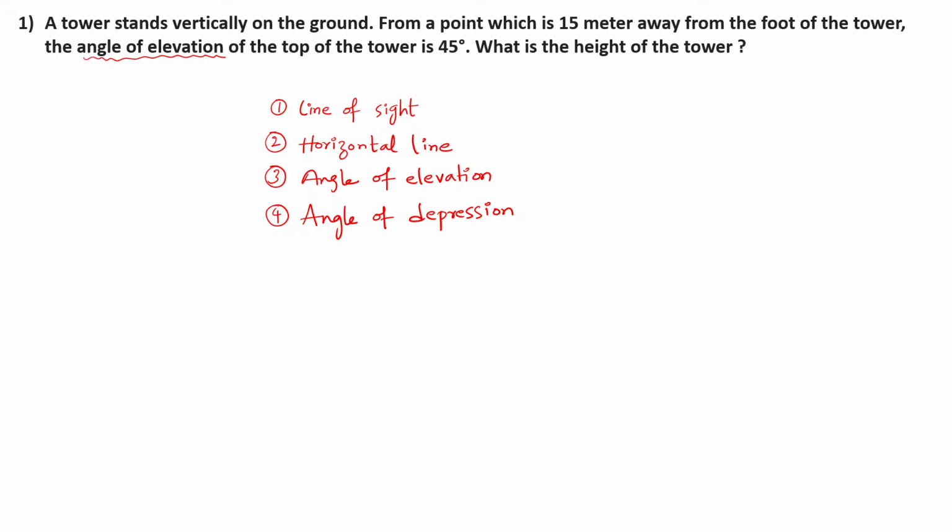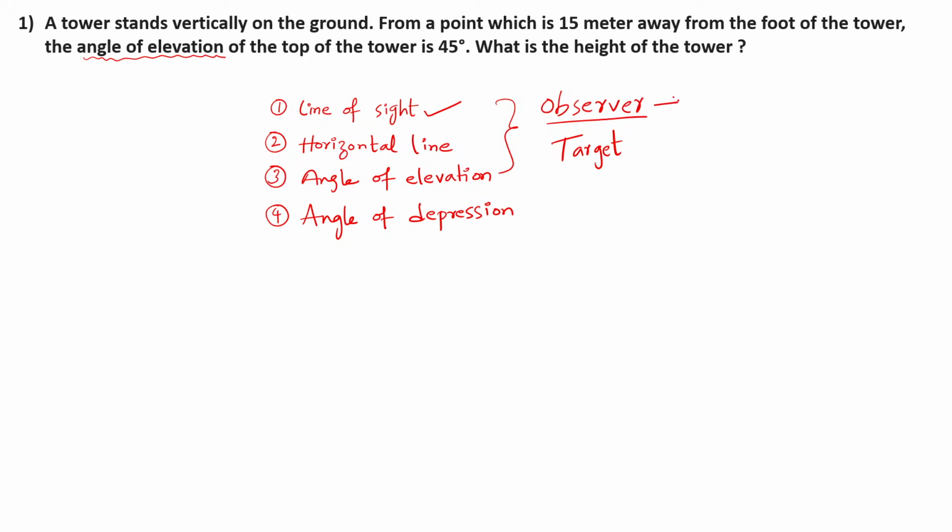Now I will explain all these four terms. Please utilize the live chat. First one, line of sight. Before going to this, we'll see first one, observer, and the second one, target or destination.